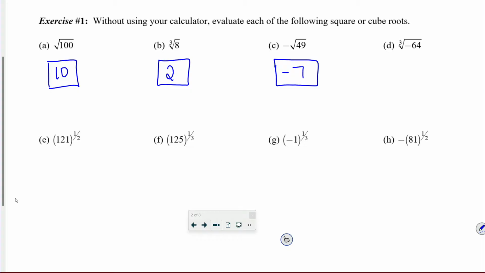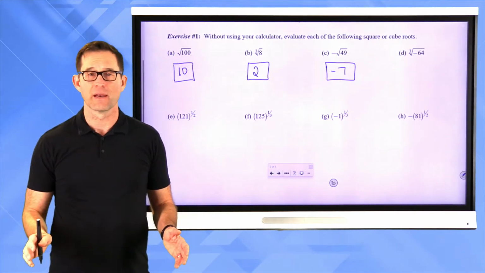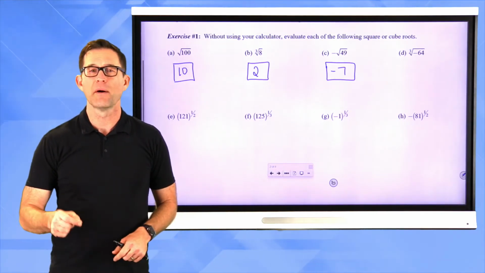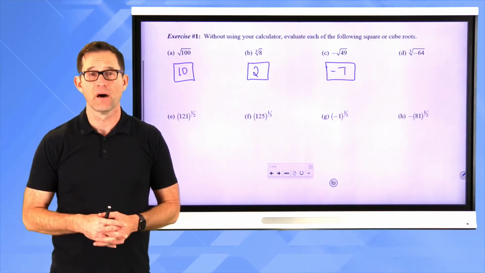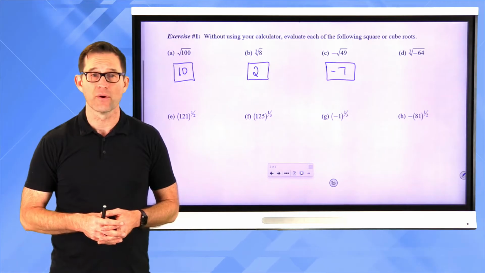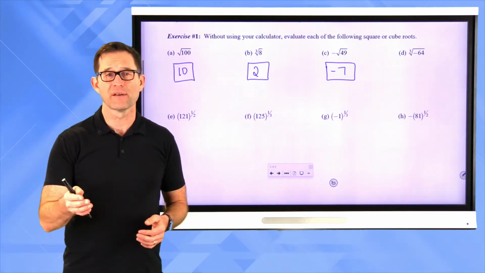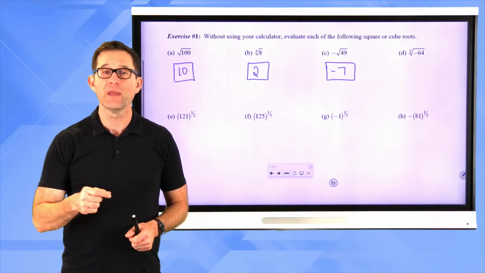Now, keep in mind, one of the larger confusions that arises with square roots is very understandable. I kind of skipped right over it when I looked at letter A, and we talked about the square root of 100 being 10. Obviously, 10 times 10 is 100, and negative 10 times negative 10 is also 100. So even though 100 has two square roots, both positive 10 and negative 10, we need a way of distinguishing between the two.